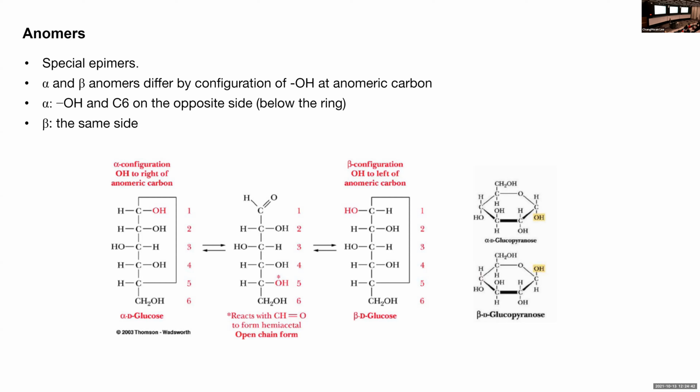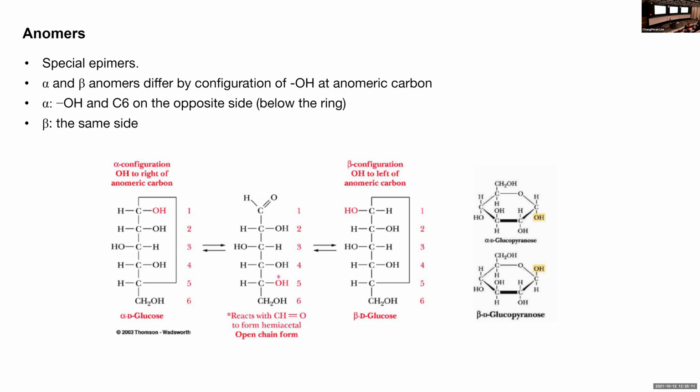So you can have alpha, meaning that your hydroxyl is on the opposite side from the exocyclic carbon, and D form, meaning that when you look at the largest carbon number, which is here, whether this hydroxyl is located on the right side or the left side.